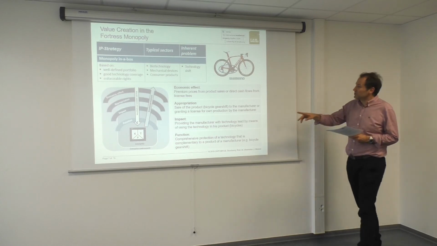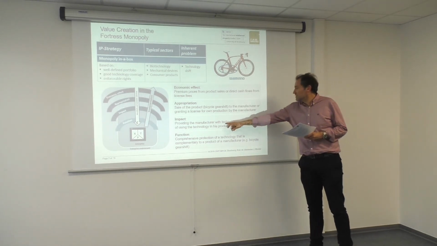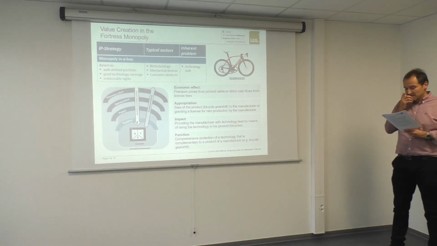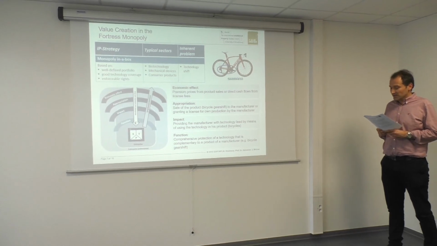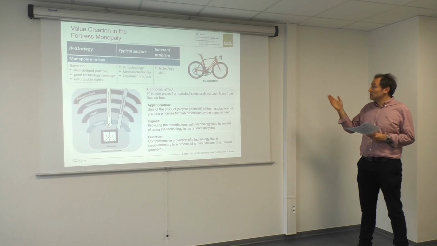The key impact is creating a competitive advantage. Here it's the technology lead. It's the same goal: to provide the manufacturer this competitive advantage, so for the seller of the laptop or the seller of the bicycle.